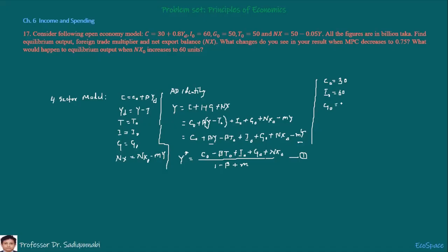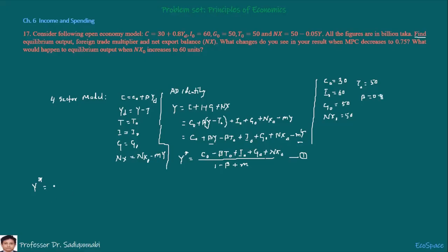G naught equals 50. And X naught equals 50. T naught equals also 50. And here let us go for beta equals 0.8.